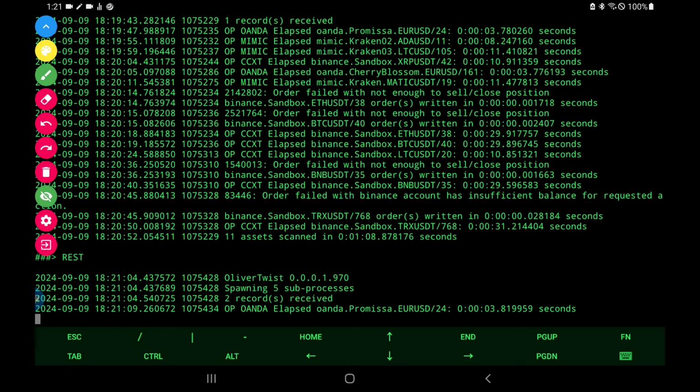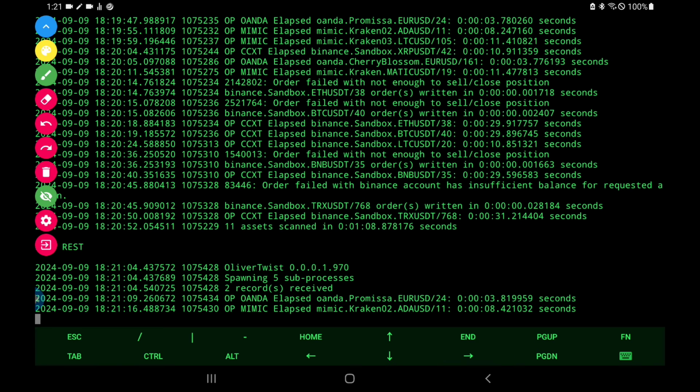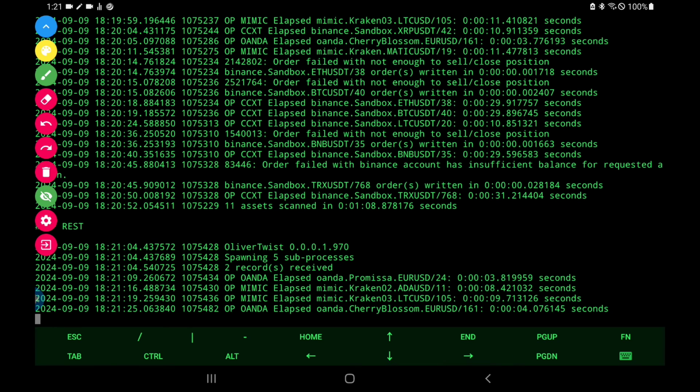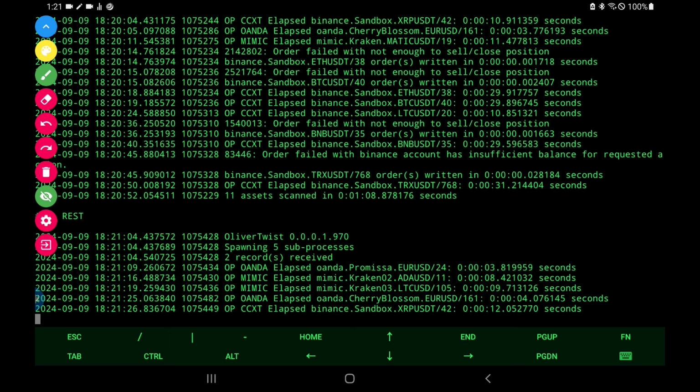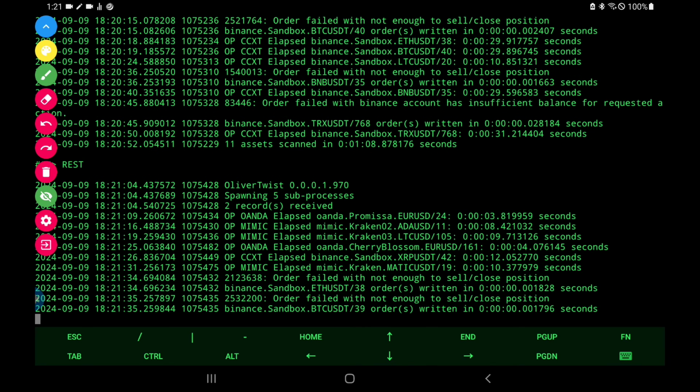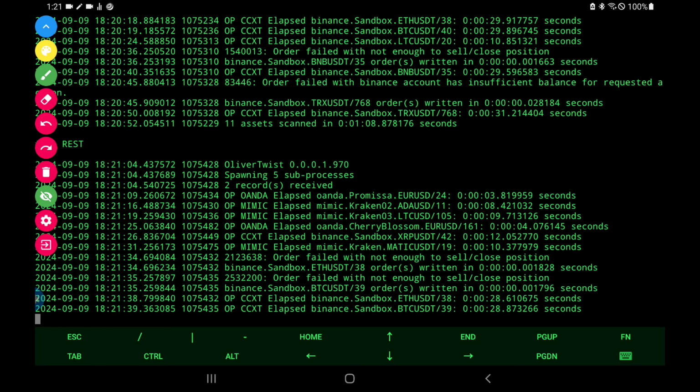So having the ability to process 768 orders in 0.02 seconds is absolutely game-changing. It's a way of looking at the market such that you can capture and capitalize on quick movements by only evaluating the information you really need.